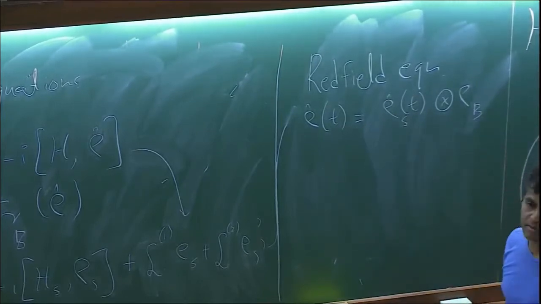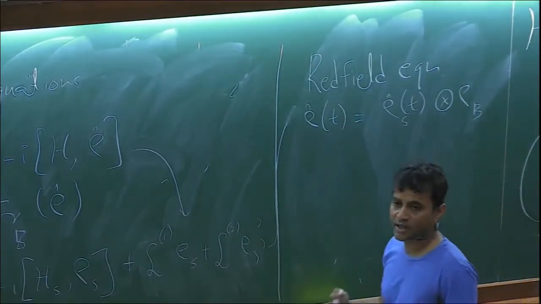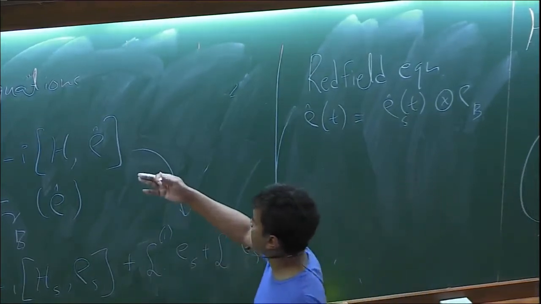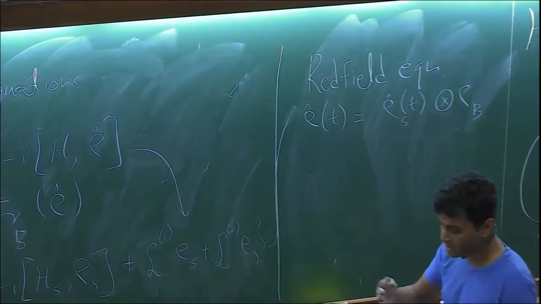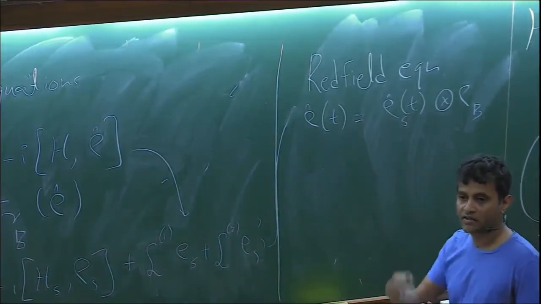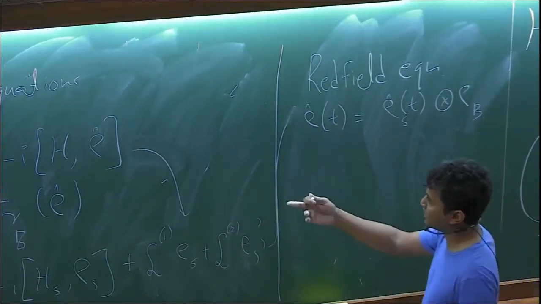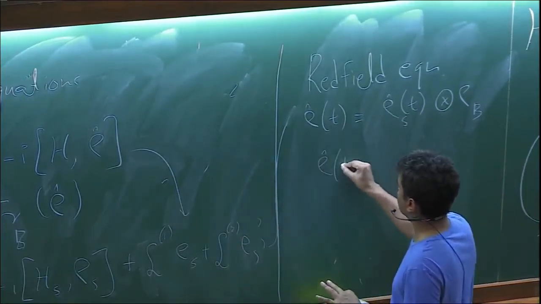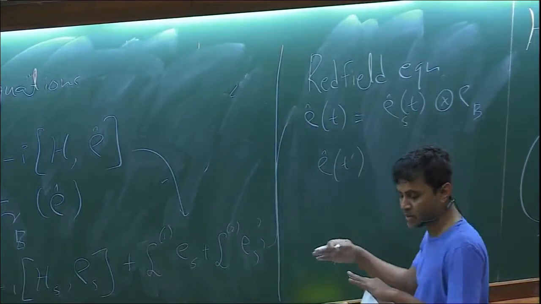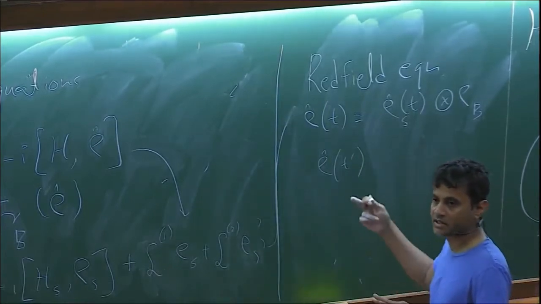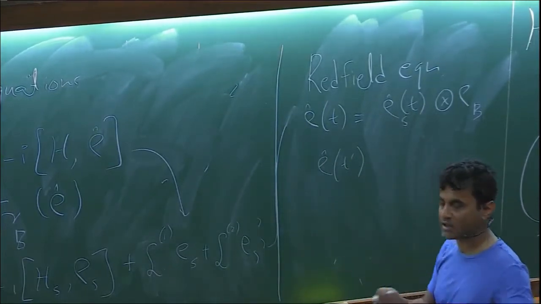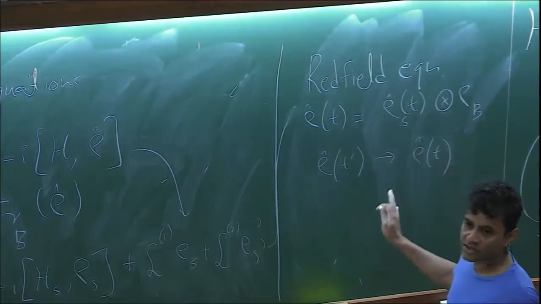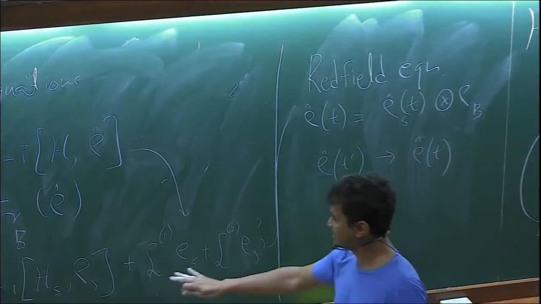This is called the Born approximation. Then you have to make another approximation: you assume the correlation functions decay very fast. At some point you get an integral equation with rho t prime, so there's a memory effect, and instead of integrating over all the past, you replace this by just rho t.